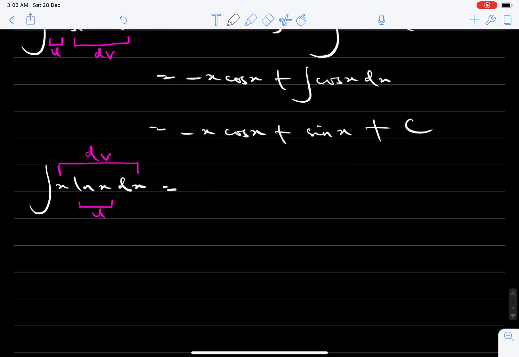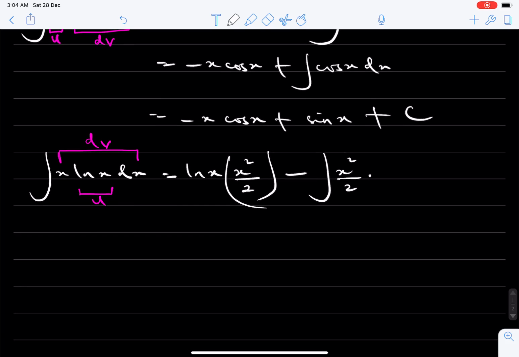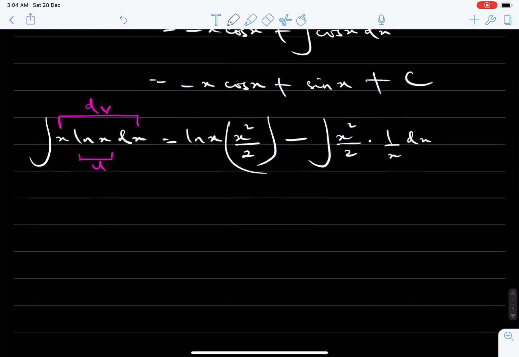So that means the integral is uv, which is ln x multiplied by v. If dv is x dx, then v is x squared over 2, minus the integral of v du.